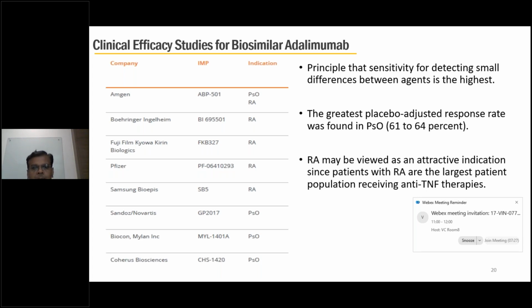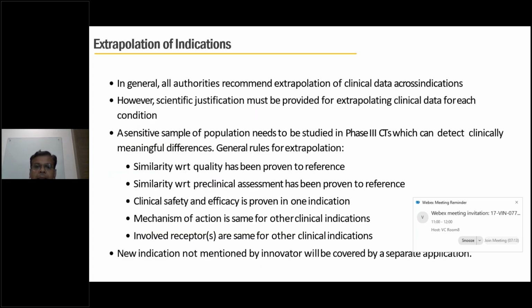So certain other companies have selected rheumatoid arthritis as their indication, because that has the advantage of a larger patient population, so the study would get completed earlier, right? With this also comes extrapolation of indication.